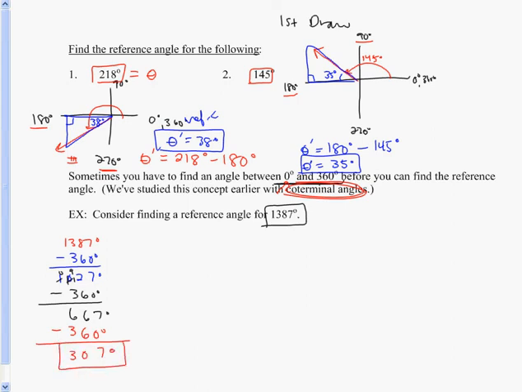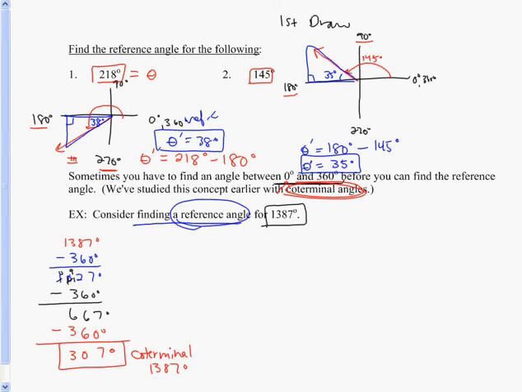Alright, now this little guy right here fits the zone. He is between 0 and 360 degrees. This is a coterminal angle with 1387 degrees.